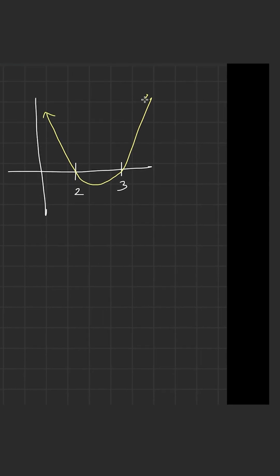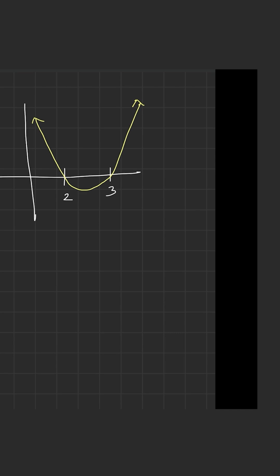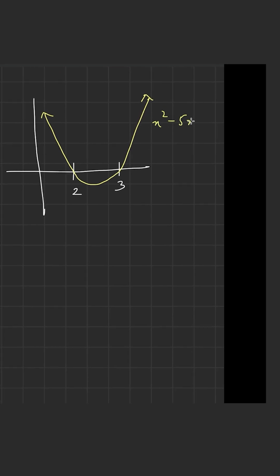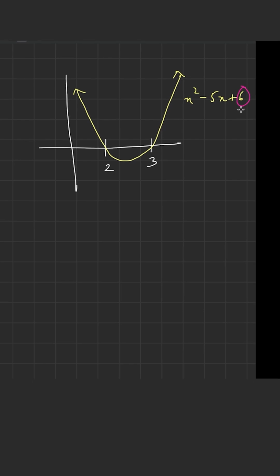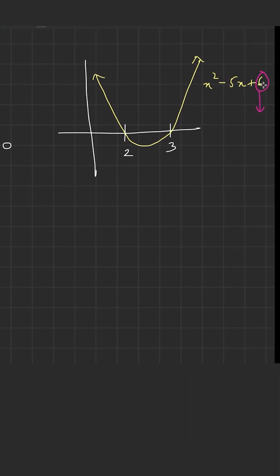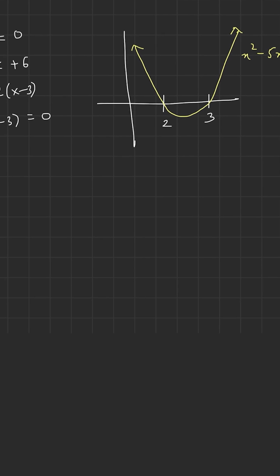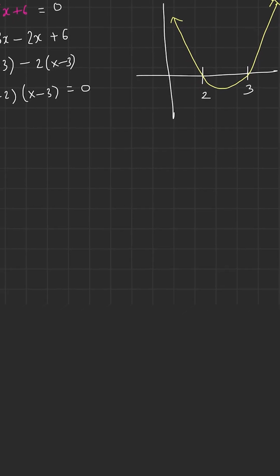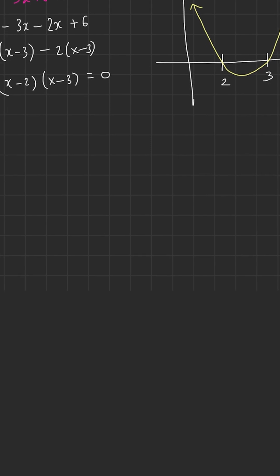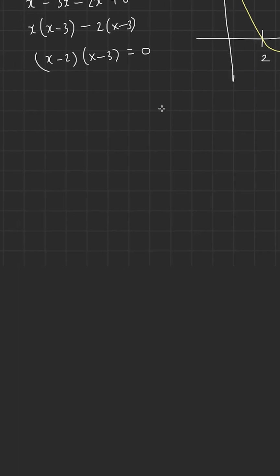So this is f of x, or you can say this is my quadratic function, x square minus 5x plus 6. And you can see one simple property: the term where the power of x is 0 over here is known as the product of the two roots.